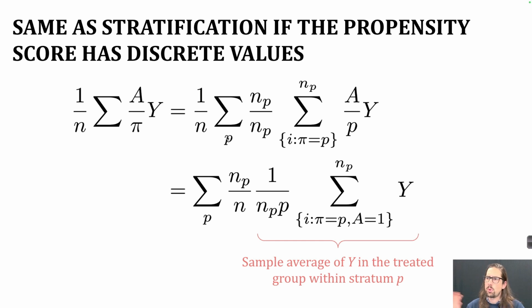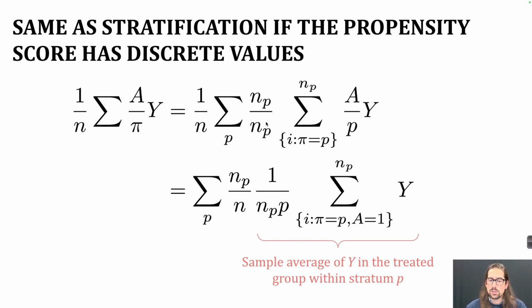Let's say there's people who have 0.1, people who have 0.2, people who have 0.5. So there's like 10 different groups, right? So we just group. This is just the sum of these weighted outcomes over the group of people where the propensity score equals 0.1, over the n_p. So however many people have a propensity score of 0.1, this is the sum of their weighted outcomes. And then we're summing over all of those groups.